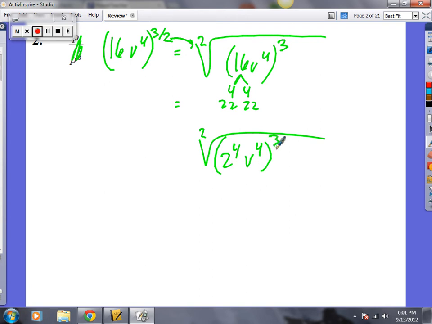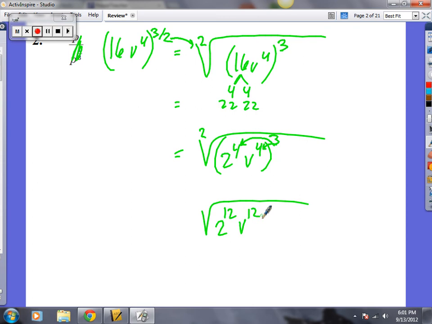Now you need to take that exponent of 3 and distribute it to every factor in the parentheses. So you're going to have 2 to the 4th cubed and v to the 4th cubed. So you are going to have 2 to the 4 times 3, which is 2 to the 12, v to the 12.